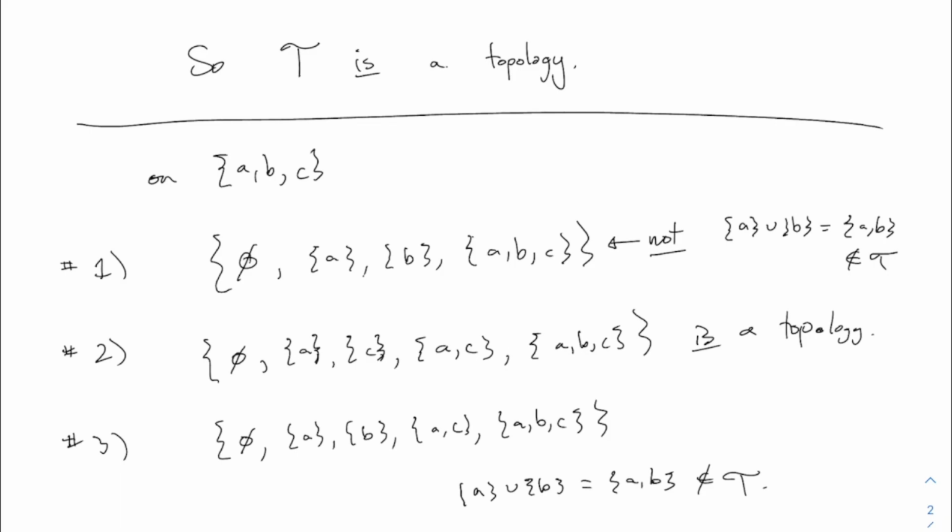This is kind of a cute, simple example. Most of the examples that we do are not going to be of this type, like I said. Usually we're going to be talking about sets which are more like R or Rn, and have interesting open sets defined.